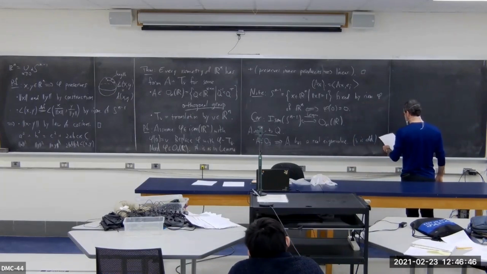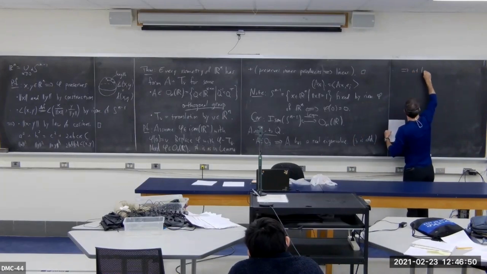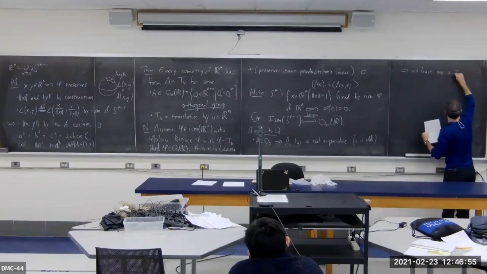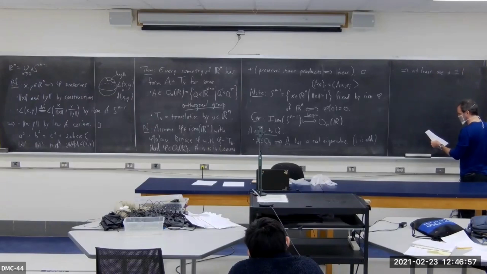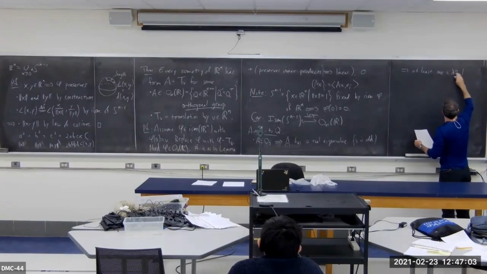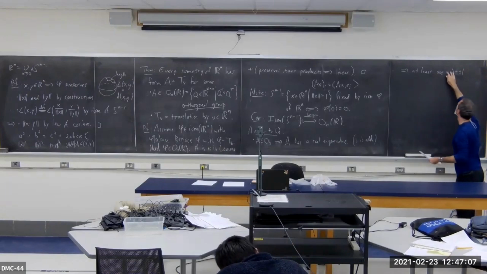What can you tell me about that real eigenvalue? Well, at least one of them is plus or minus 1. Lambda is plus or minus 1. That's it. At least one eigenvalue is lambda equals plus or minus 1.